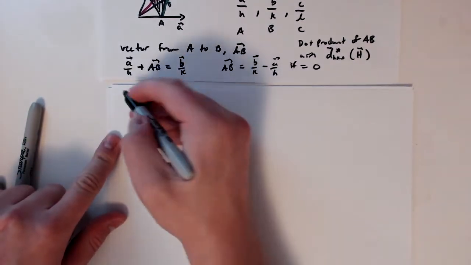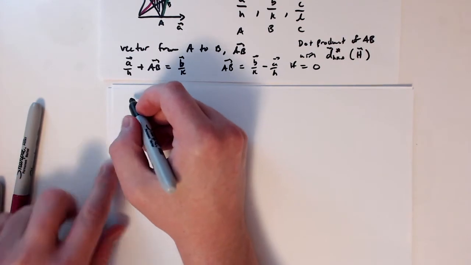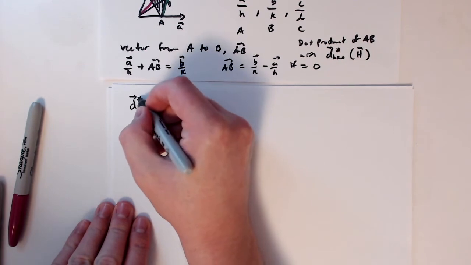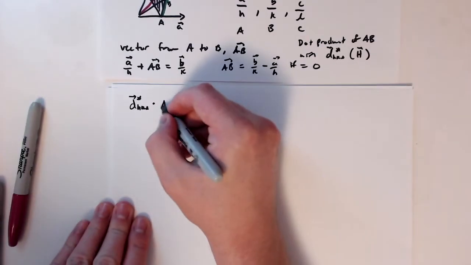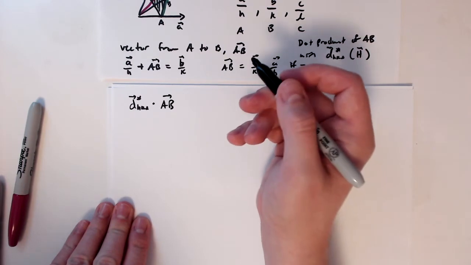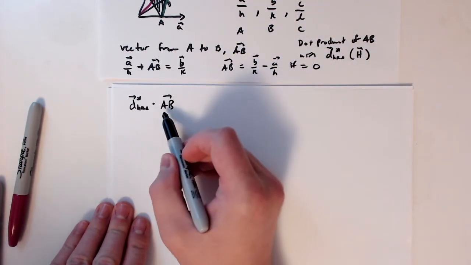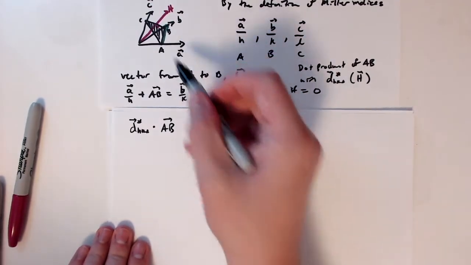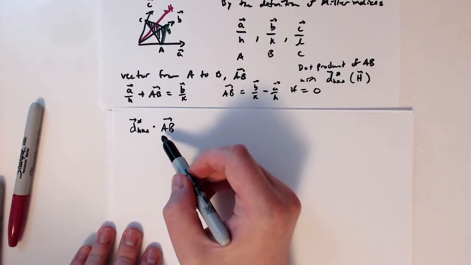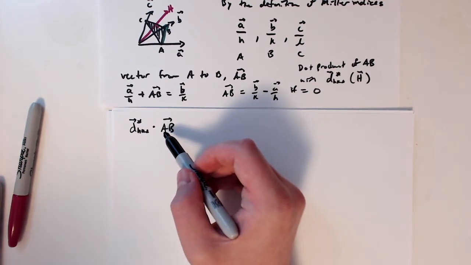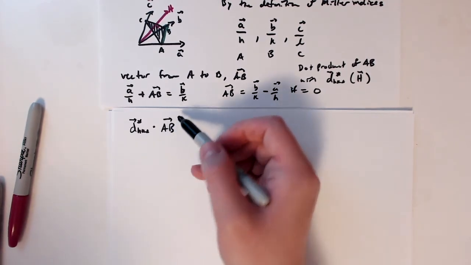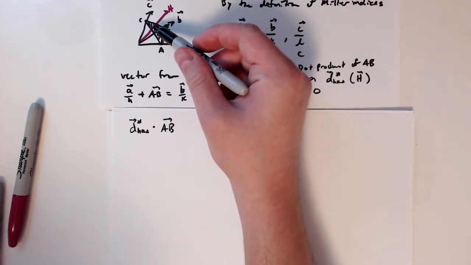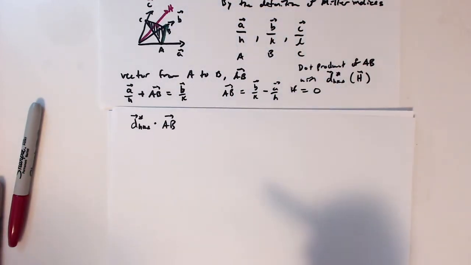All right, I'm going to start with this written out. d*HKL dot AB. The AB vector is in the plane, right? So if we take the dot product and get 0, then they're normal. That means that this vector in the plane is normal to H, and therefore H is normal to the plane.